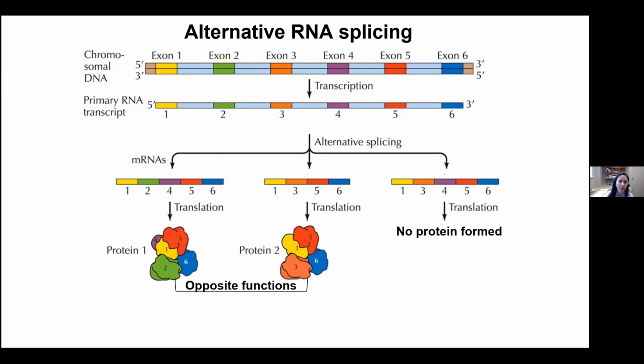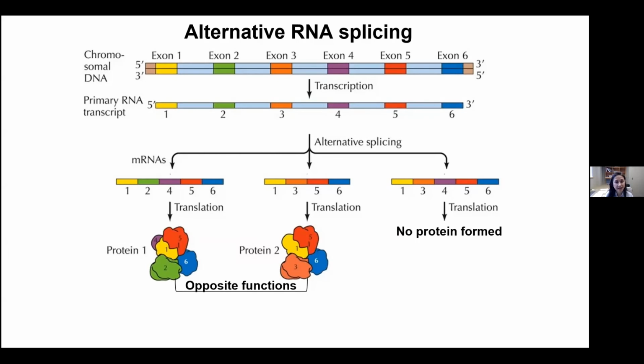So for example, in here you have a mature RNA that has different exons. It has exon 1, 2. Notice that you don't have the orange exon, and then you have purple, red, and blue. And this leads to the formation of one protein here, as mentioned.